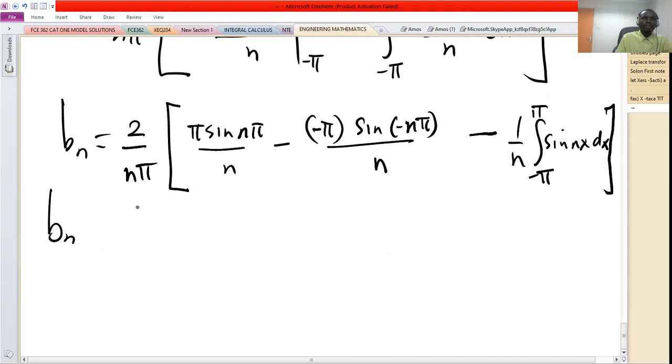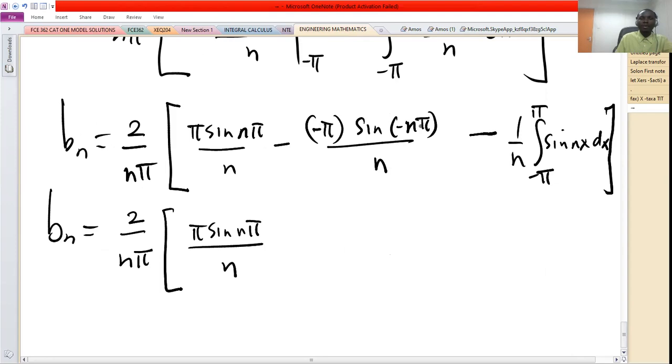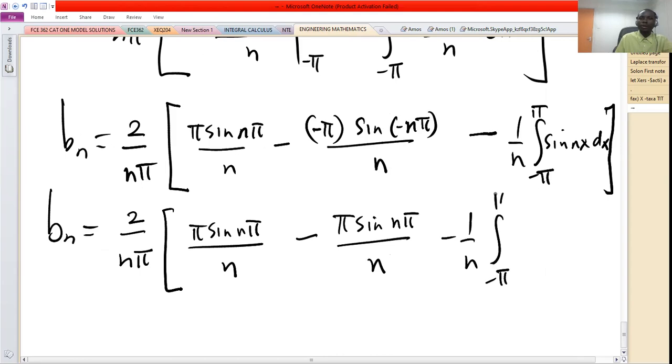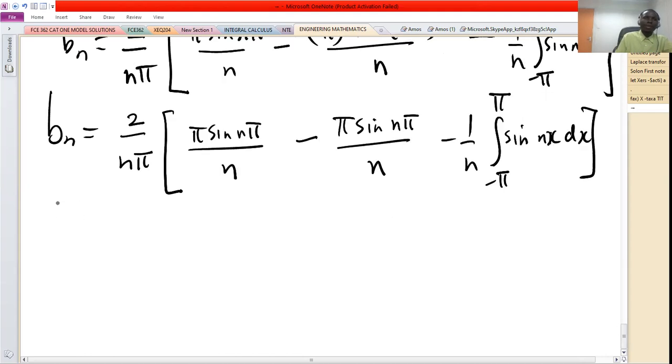So bn is 2 over n pi. This would be pi sine n pi over n, minus minus is plus, so plus pi sine n pi over n, minus 1 over n integral from minus pi to pi of sine nx dx. So clearly you see this first part is 0.